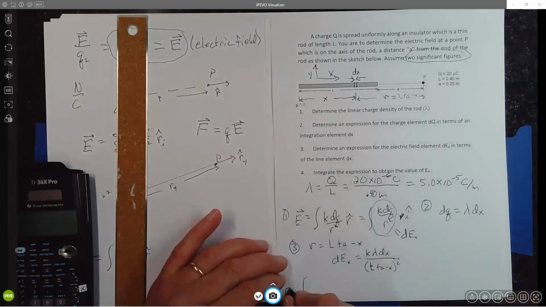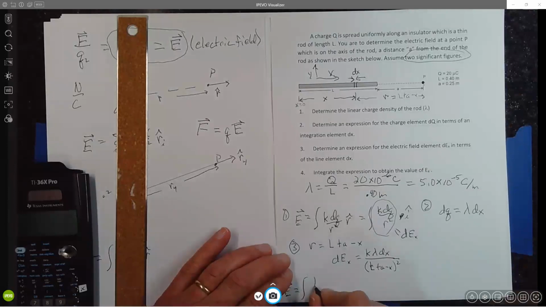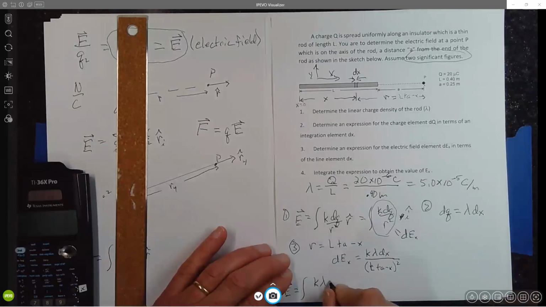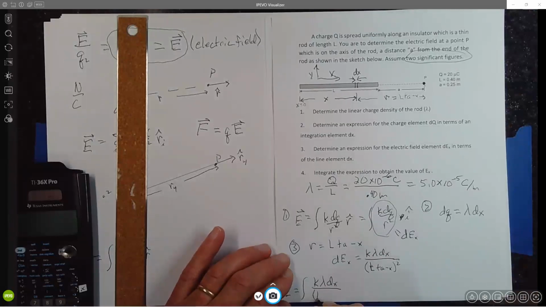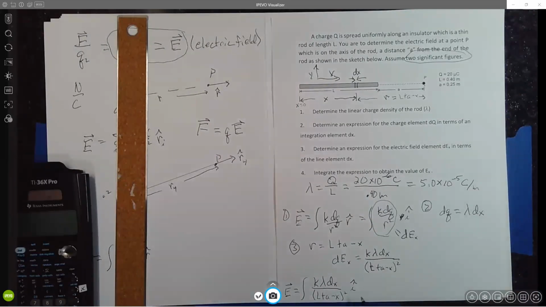So E is going to equal k lambda dx over L plus A minus x, squared. For every one of these, I'm going to have i hat as my unit vector, so you can pull out the parts. Oh, and I'm integrating from 0 to L.